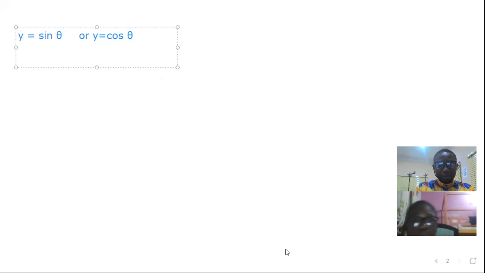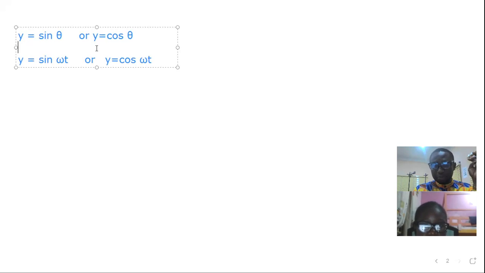Now, if we have a wave equation as this, then we understand that angular velocity in this case, which is theta over t, can be written as theta equals wt, because remember that w equals theta over t.